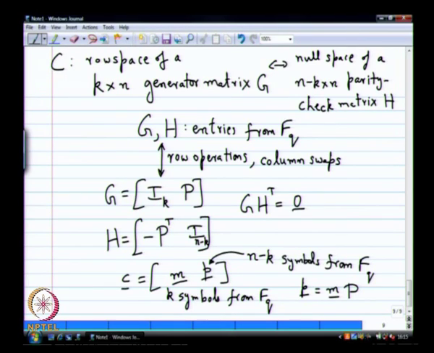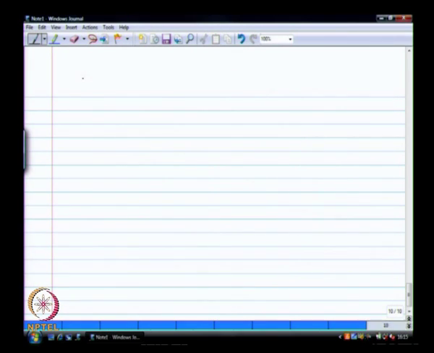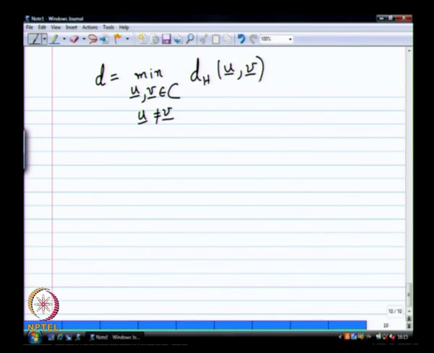Okay. So, this theory extends without any problem. n and k are easy once again. D is the next definition, the minimum distance. The similar definition from before goes through without any problem. You can do it this way: minimum over u, v belonging to the code, u not equal to v, of the Hamming distance between u and v.